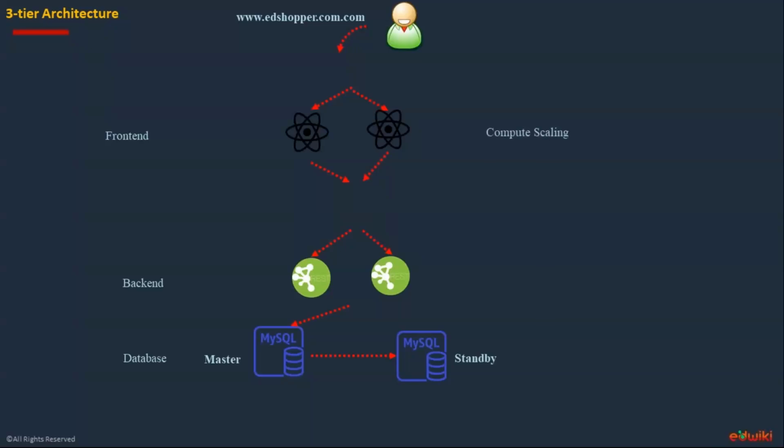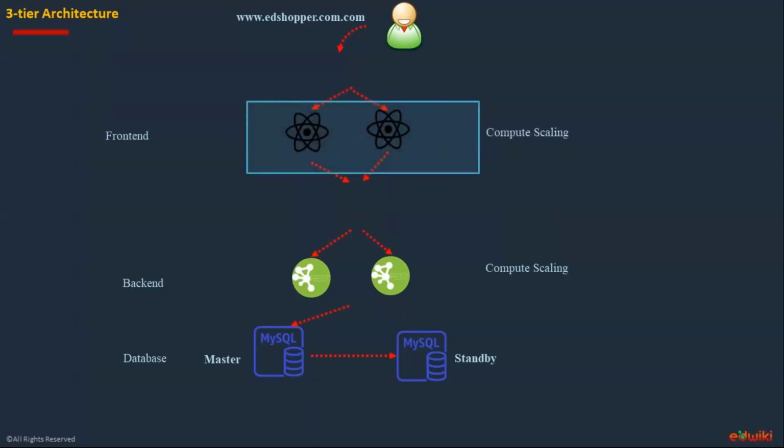In the front end, I'm doing compute scaling, and in the back end also I'm using compute scaling concepts, like auto scaling or whatever you call it, because the terms change based on the compute you are using. If it is EC2 servers, the terminology is auto scaling. If it is at the Kubernetes level, the terminology is HPA. That will change, I'm just using the general terminology here.